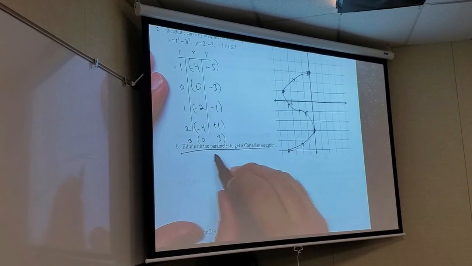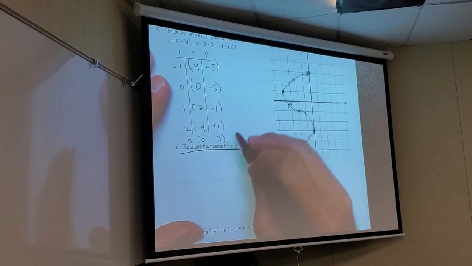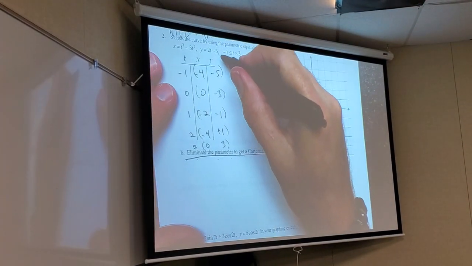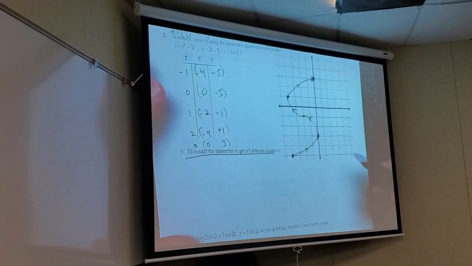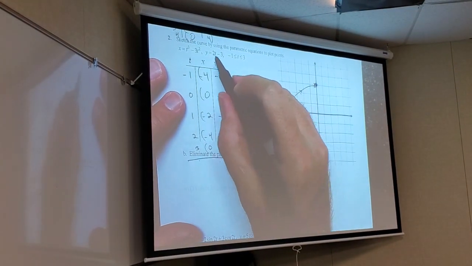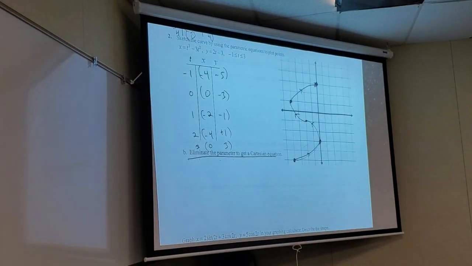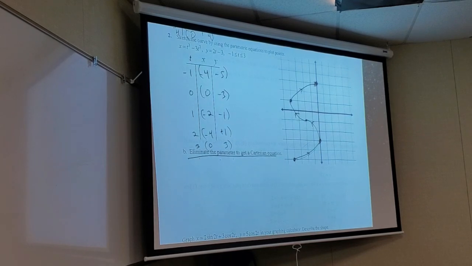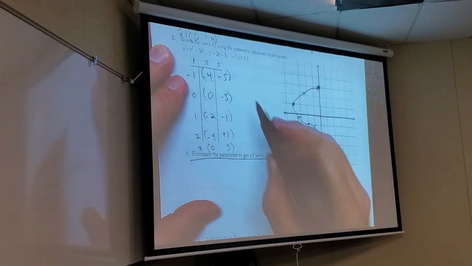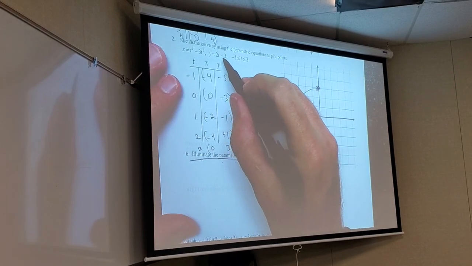I want to eliminate the parameter, right? So I want to stake him out, see what his actions are, and try to get him, kill him. Which one of these can I solve for T more easily? The Y for sure, right?